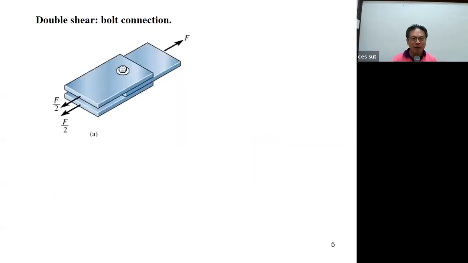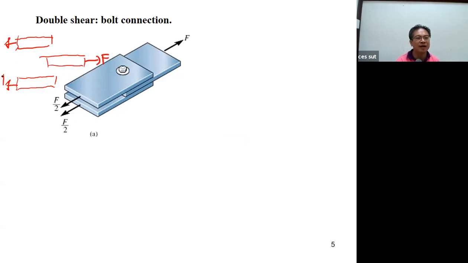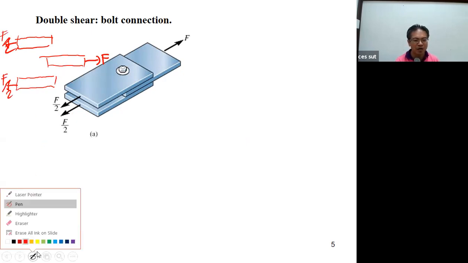And for the double shear, many times we use the double shear in engineering. Okay, again, you may draw the free body diagram of the plate. By doing this, we have what? We have the plate. If this one is F, the resistance force over here is going to be half of F. And again, we have what?